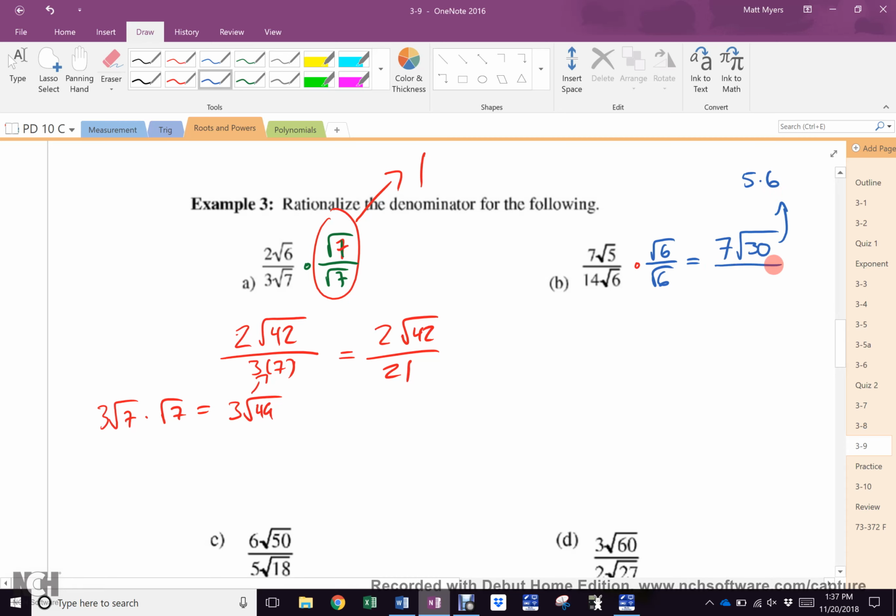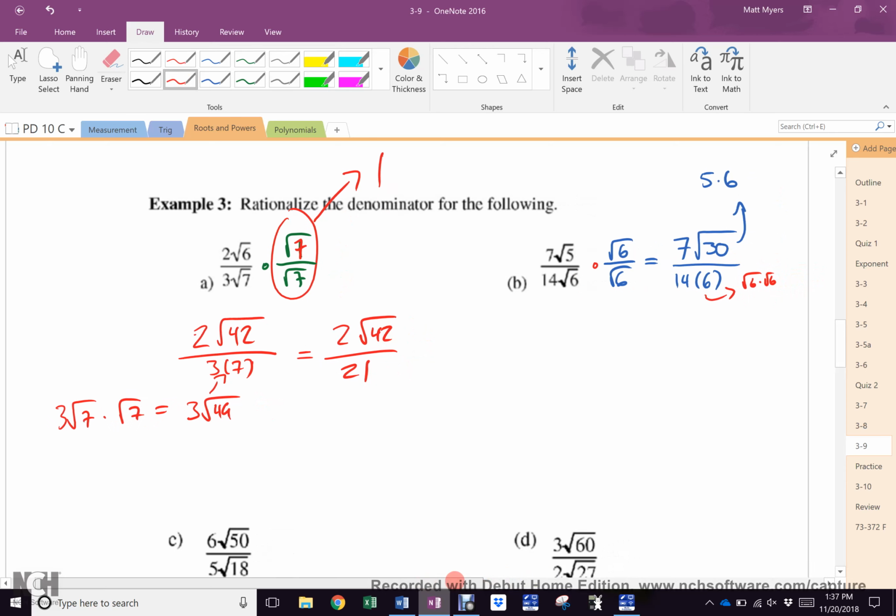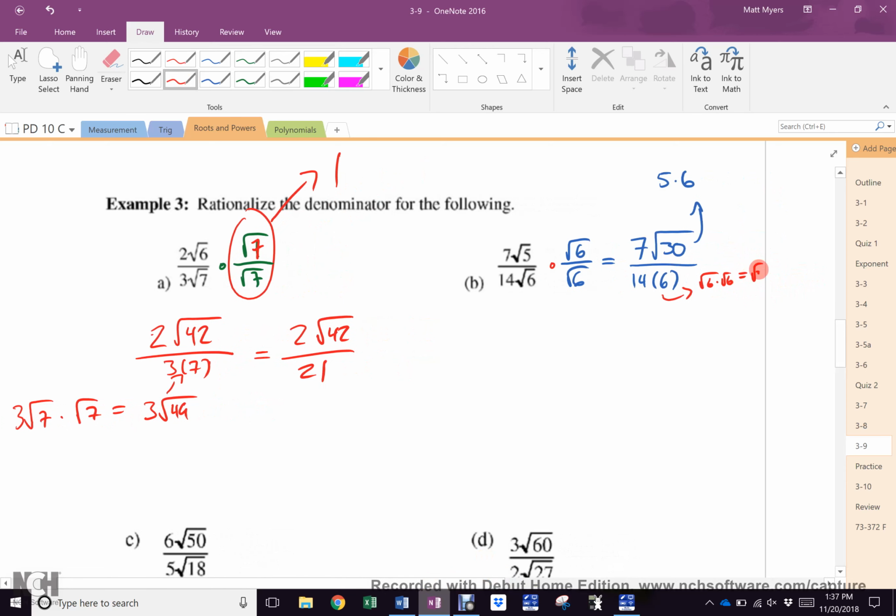Okay, over what? 14 times 6. Because, why? Because root 6 times root 6 equals root 36, which is 6.